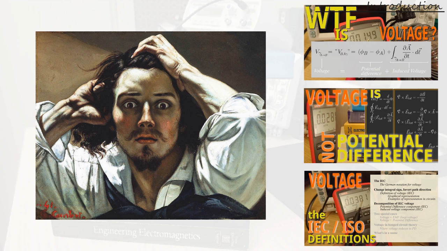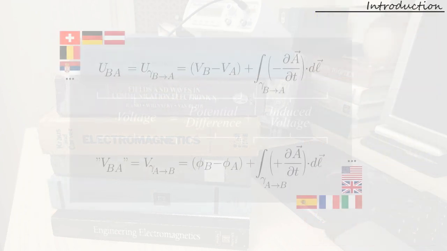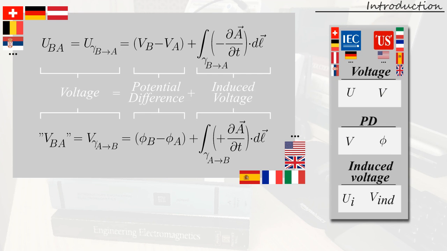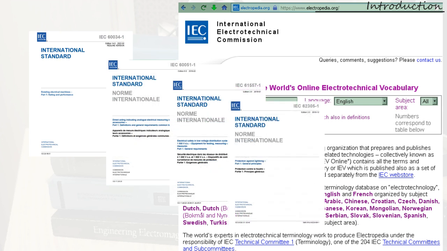This is one of the last videos in which I will show both notations, US and IEC, before fully adopting the US notation, that is also used in UK, France, Spain, Italy, and so on. I do this for completeness and also because I'm going to rely on the authority of Electropedia, the free online reference maintained by the IEC, to validate the definitions.